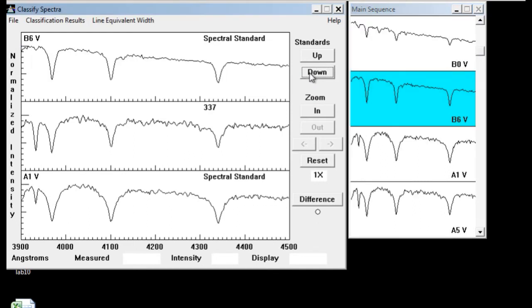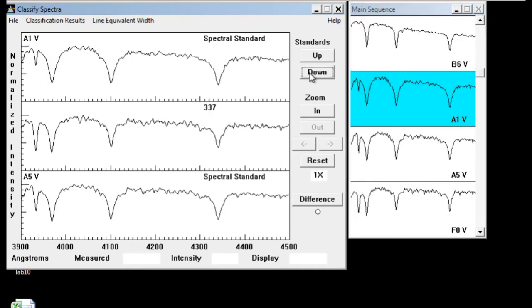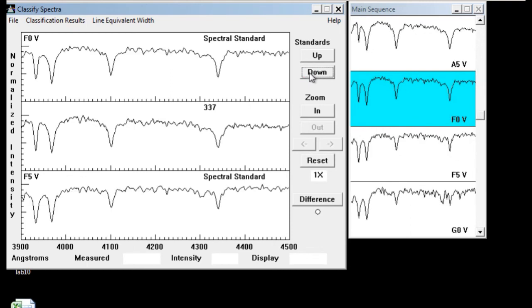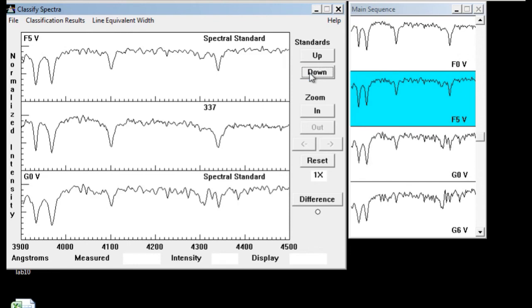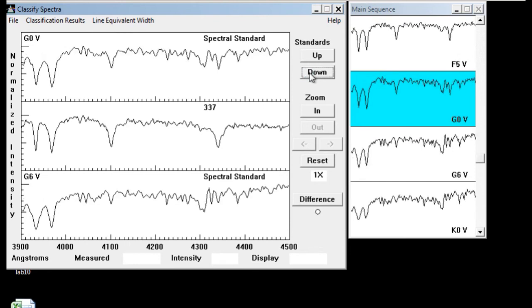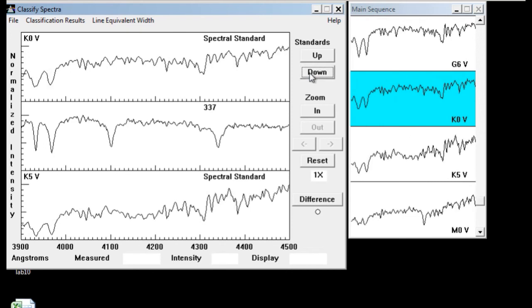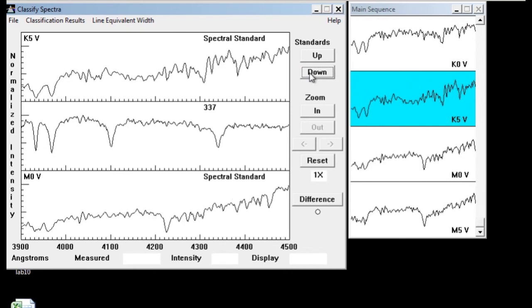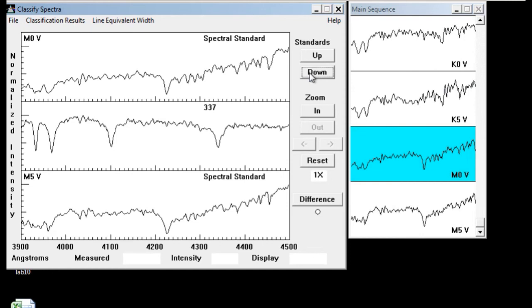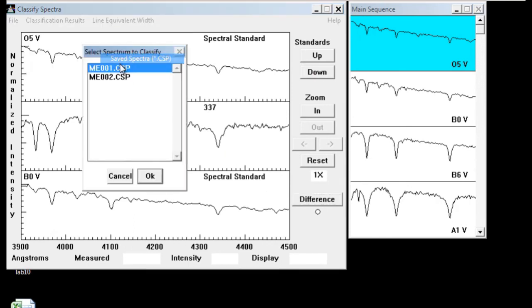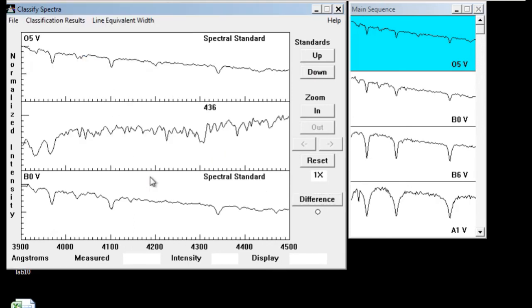Pick the one that matches most closely. All right, then we'll do the same with our spectrum 2.